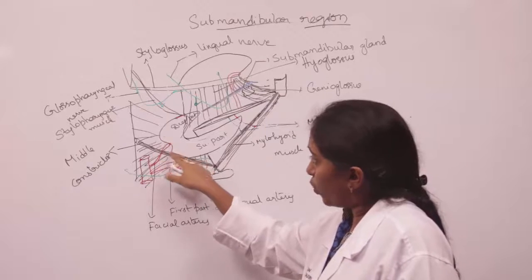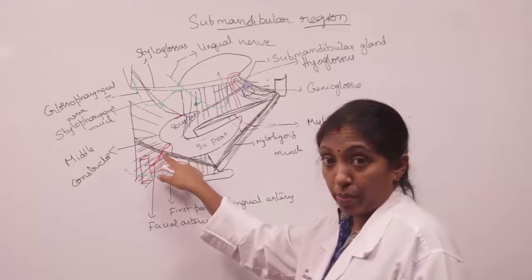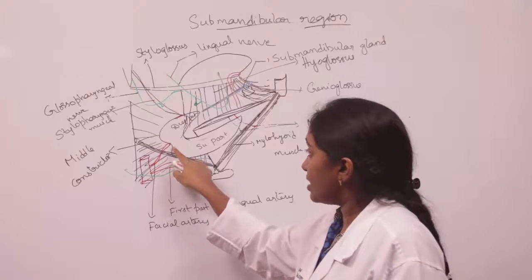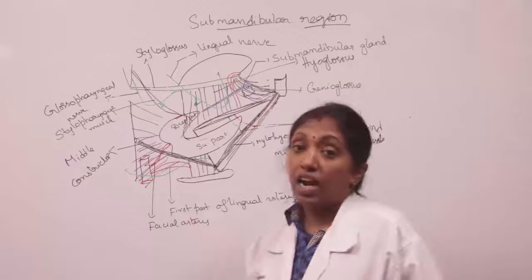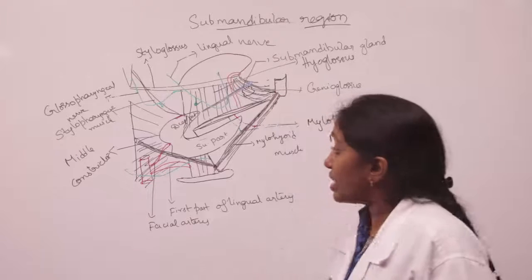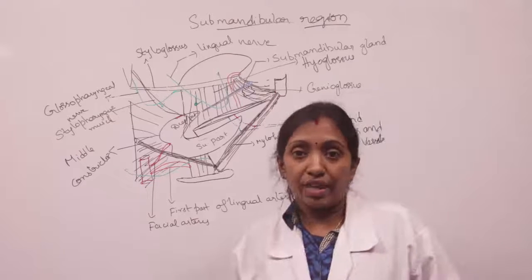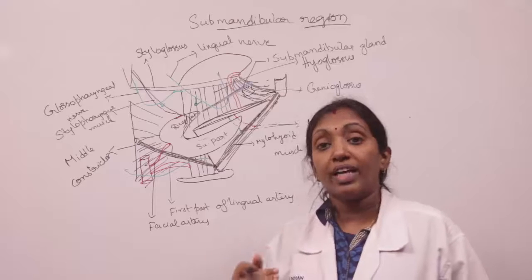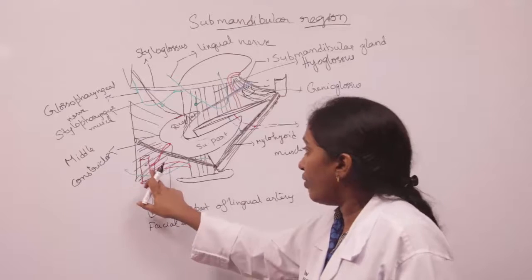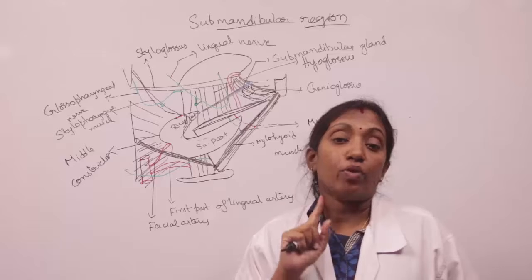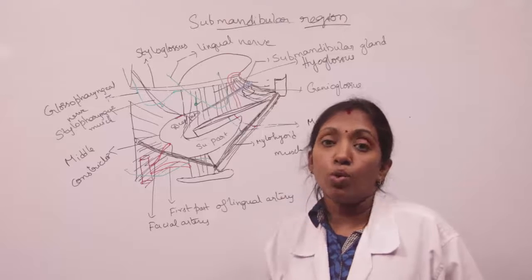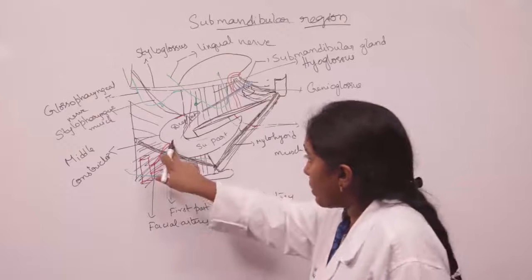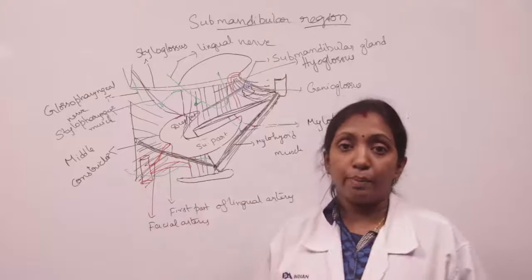extends up to the posterior belly of digastric, and it presents a groove for the cervical loop of the facial artery. We know that the facial artery, before it enters the face, forms a loop. The loop is present along the posterior end of the submandibular gland.